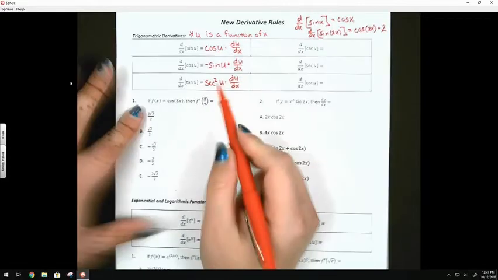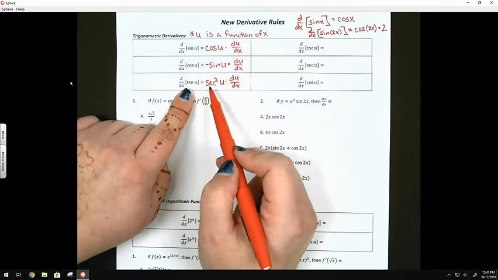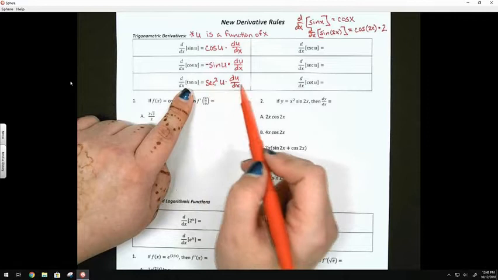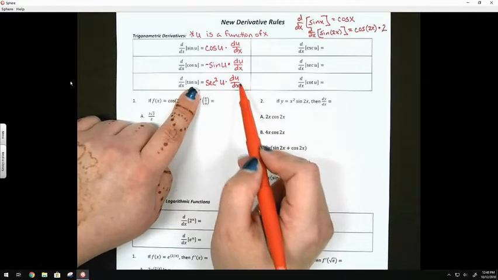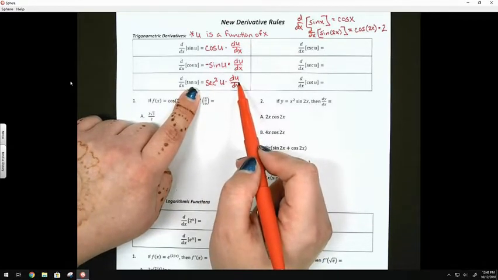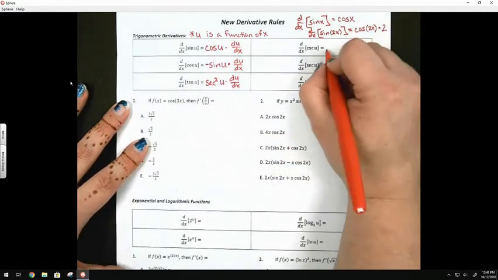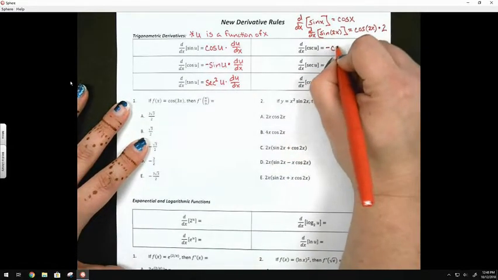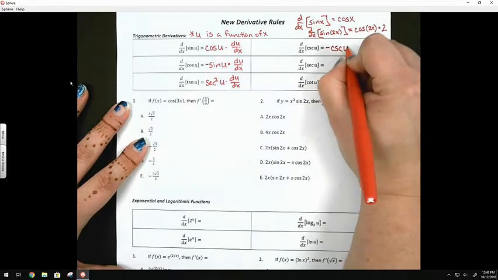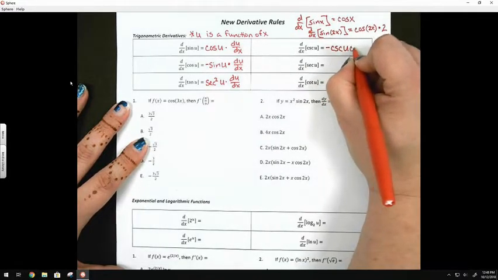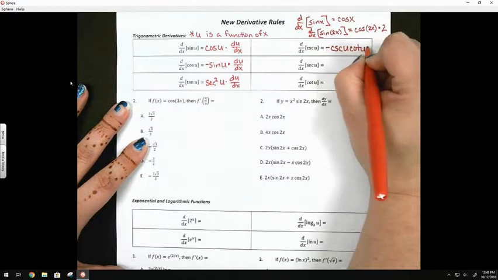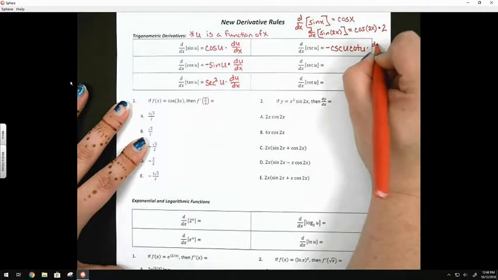So really, the derivative of tangent is secant squared, and then this du dx again is just the derivative of the inside. That's helping take care of the chain rule if it's necessary. The derivative of cosecant is negative cosecant u, cotangent u, and then all times du dx.